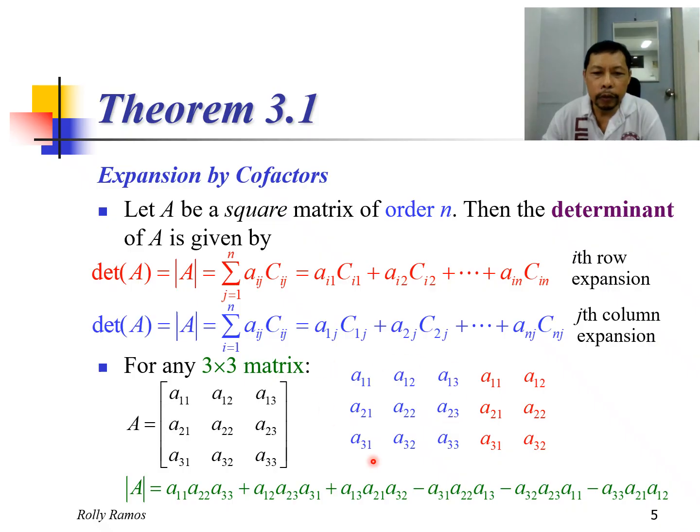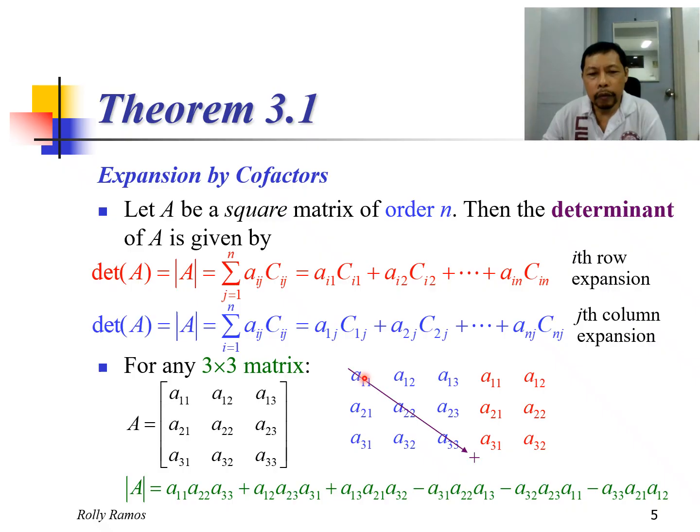These are the elements of the original matrix A. So we rewrite the first column and the second column to the right and augment them to the original matrix, and simply multiply the elements along the diagonals, taking downward to the right as positive and upward to the right as negative, like this.